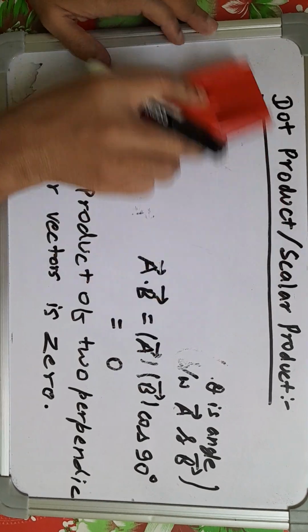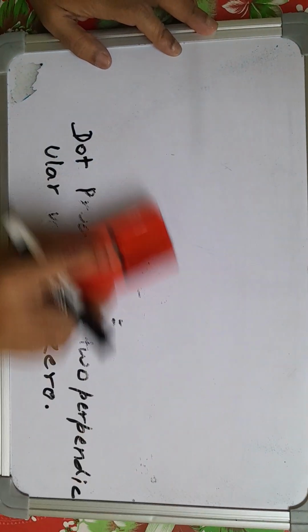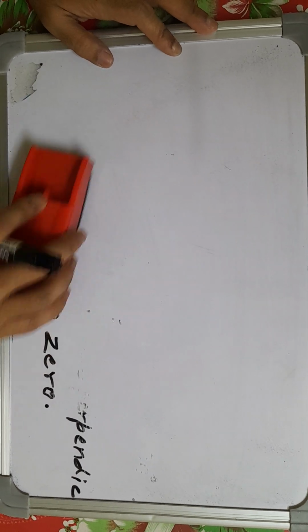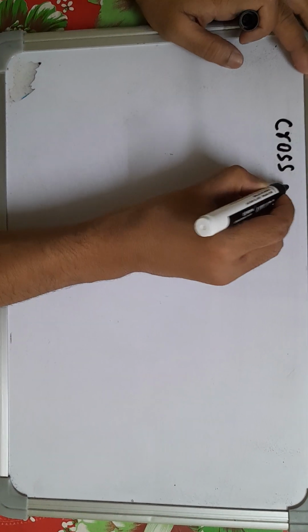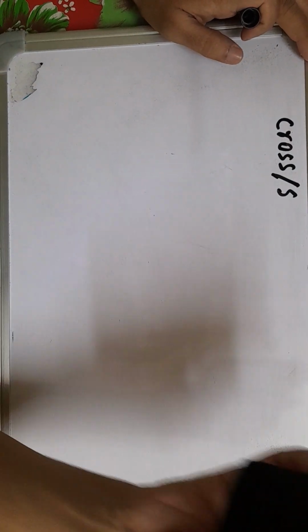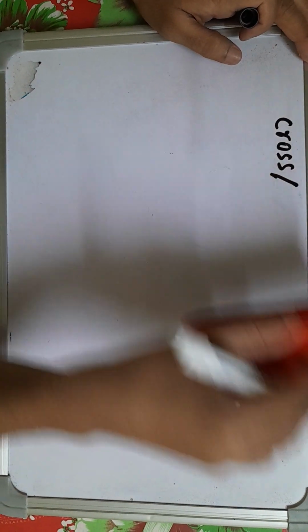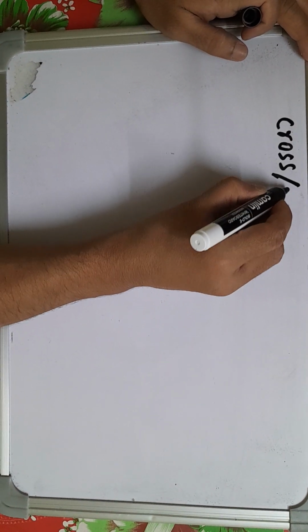Okay, now we'll try to understand the cross product or vector product.